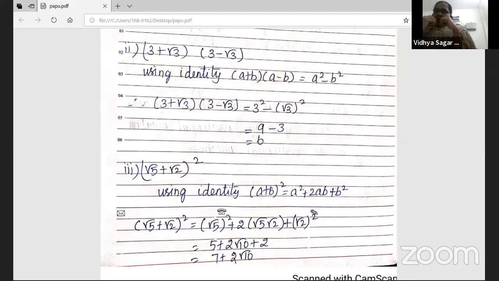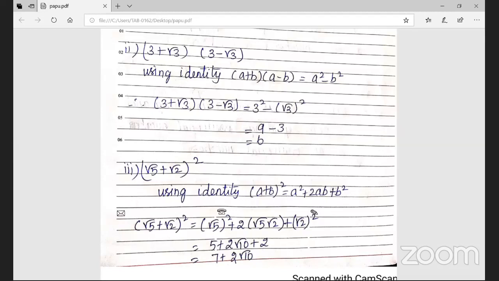Okay. Once again, I will repeat. Here the a plus b the whole square format is applicable in this formula. A square plus 2ab plus b square. Here your a value was root 5 and b value was root 2. So I'm going to apply this in the formula. So root 5 the whole square plus 2 into root 5 into root 2 plus root 2 the whole square.